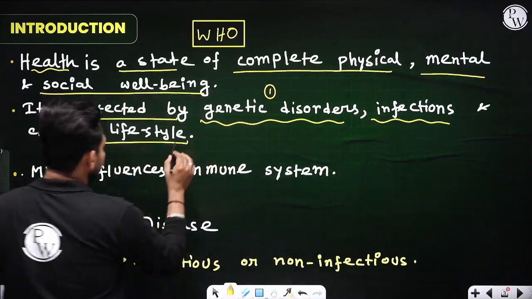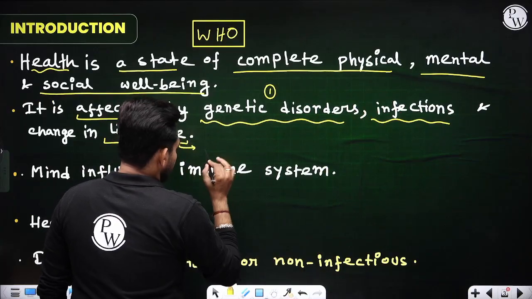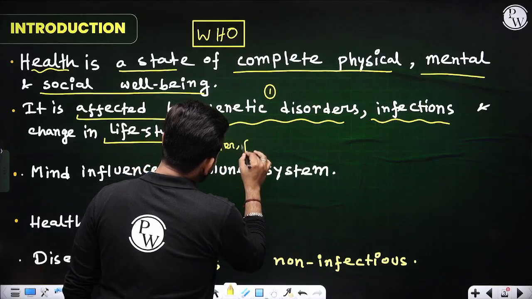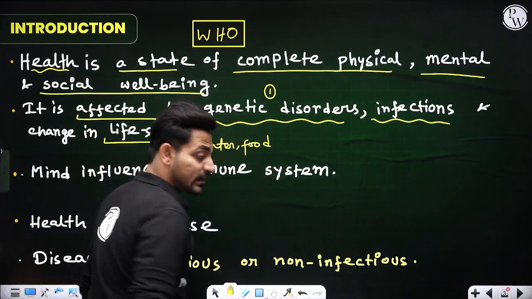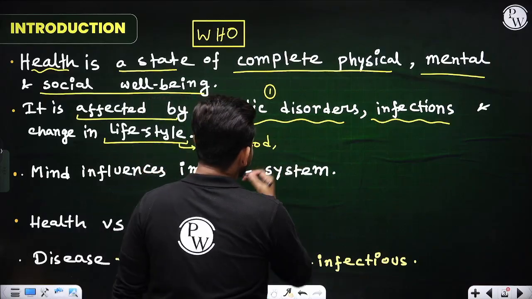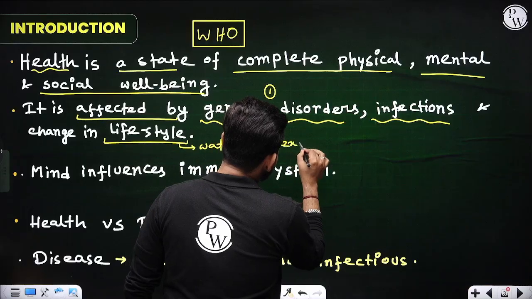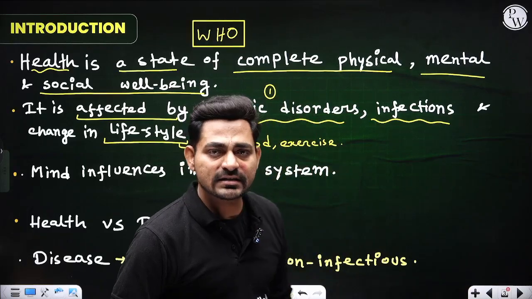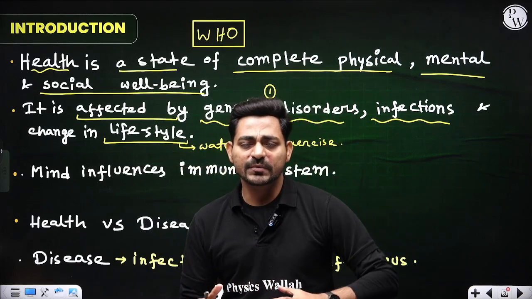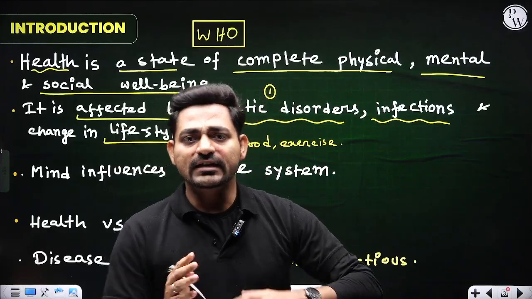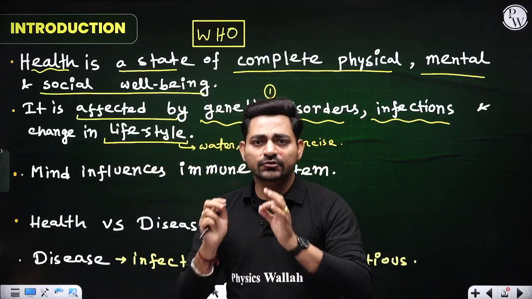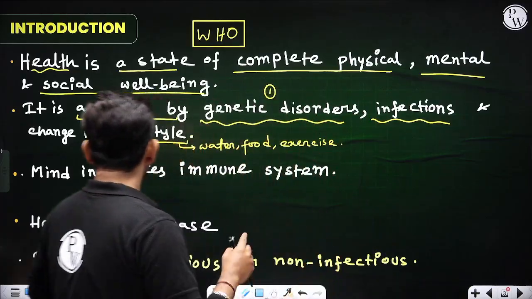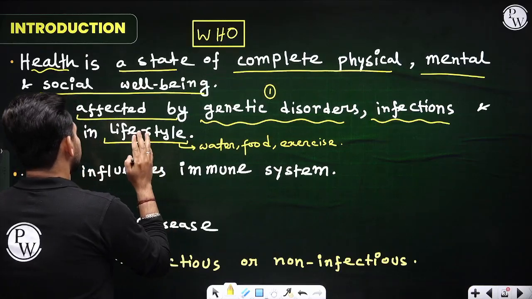And change in lifestyle, that means the quality of water and food you take in your daily life, along with exercise and your habits. Few people smoke and consume alcohol. Those practices are not at all good for our health, so health depends upon your lifestyle.